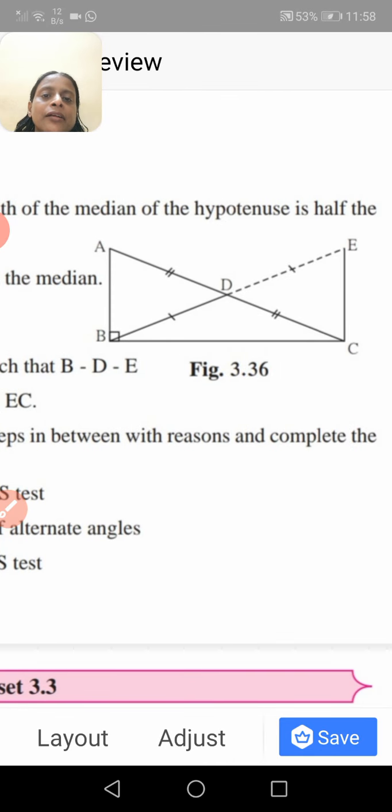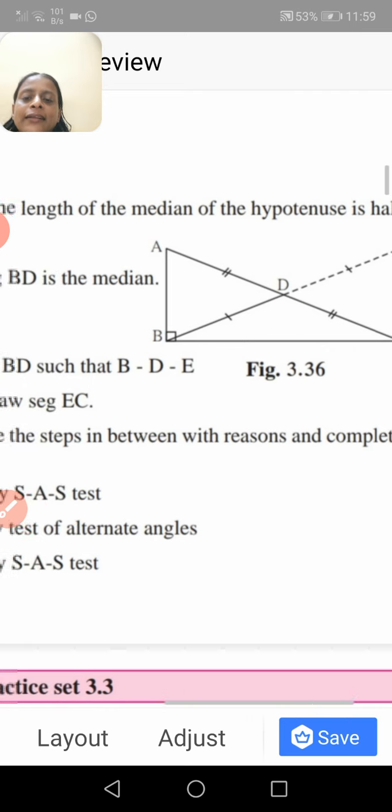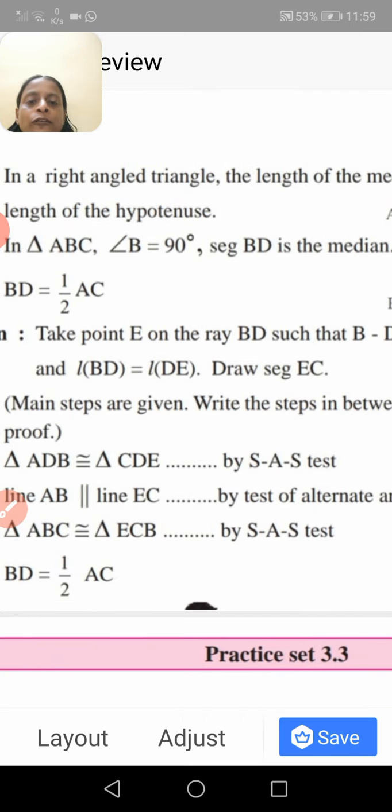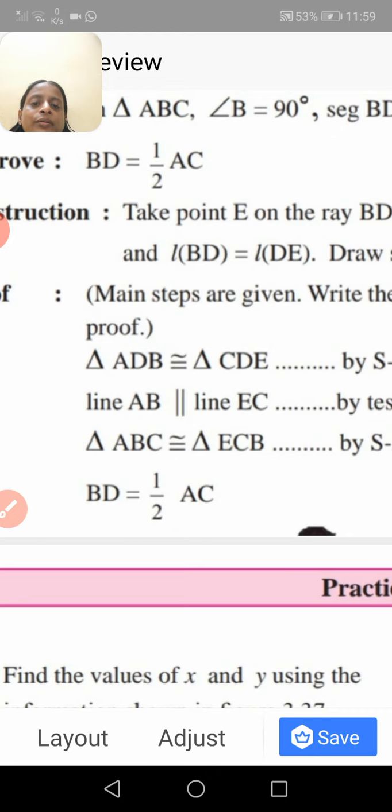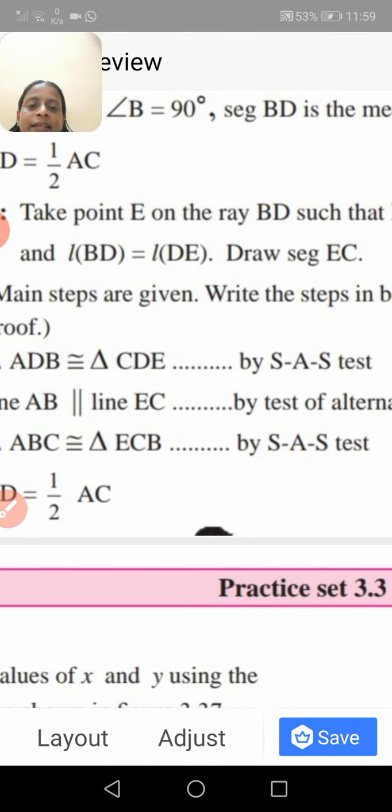BD is extended to E such that we consider these two triangles congruent, and in congruent triangles corresponding parts are equal. That concept is used here for proving this theorem. Just listen here. Triangle ADB is congruent to CDE by the SAS test, and AB equals EC using the congruency.